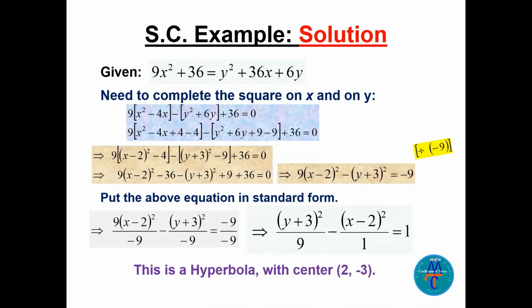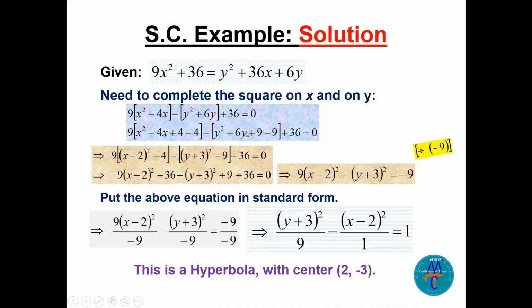Now, when we complete the square, we take the coefficient of x, divide by 2, then square it, and then we add and subtract. So minus 4, divided by 2, minus 2, squared, 4. You add 4, subtract 4. For 6y, take only the 6, divide by 2, 3. Square it. You add 9, subtract 9.